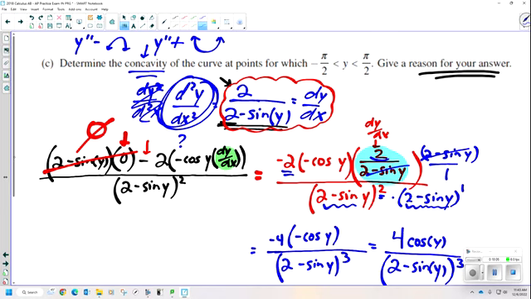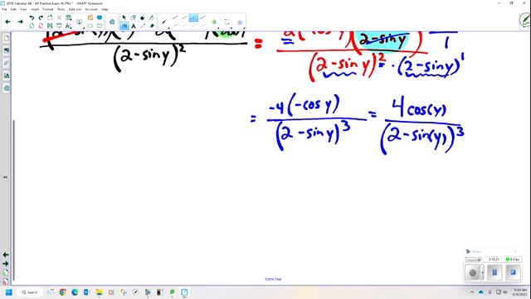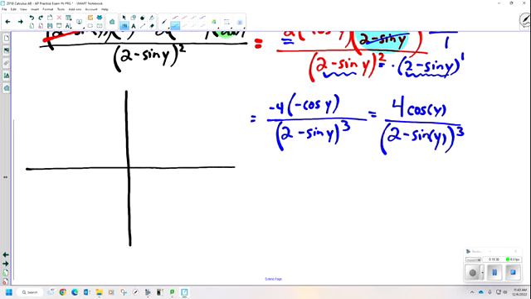Keep in mind they give us this from negative 90 to positive 90, or negative pi over 2 to positive pi over 2 in radians. I'm going to reference my graphs once again, and you could do this on the unit circle. Here's 0, here's 90, which is pi over 2, and here's negative pi over 2, or negative 90.